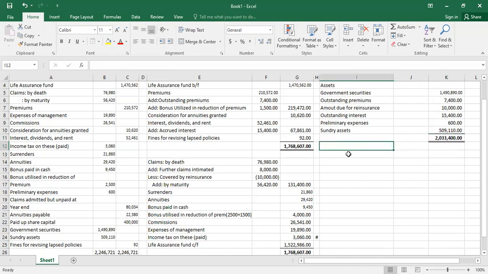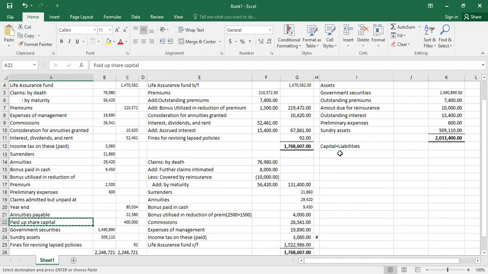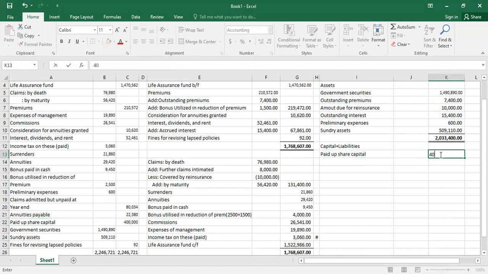Then we go to capital plus liabilities. I have the share capital. It's 400,000.